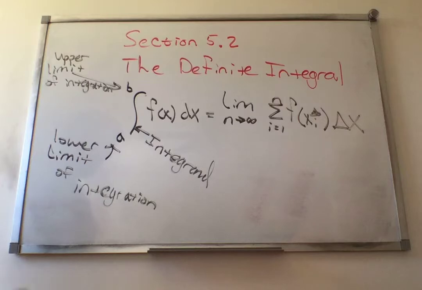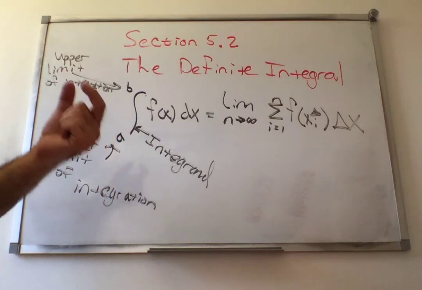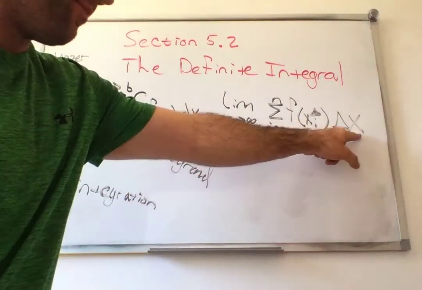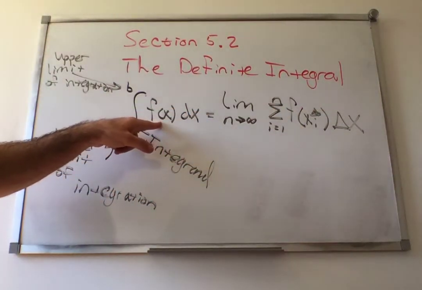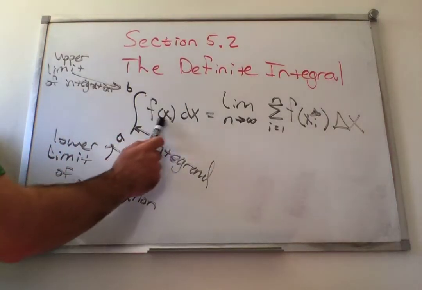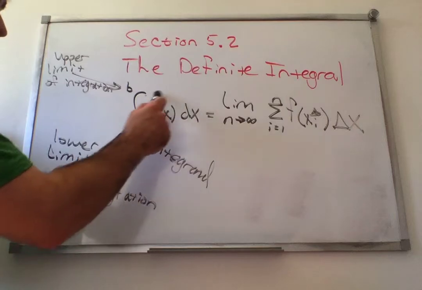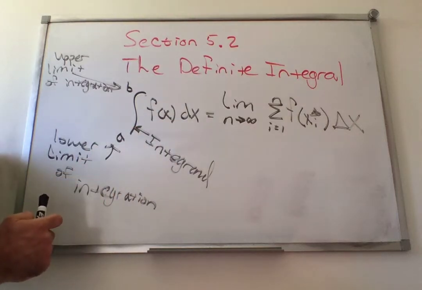Remember when we were making rectangles, we had a width, and the width of the rectangle was always the same. And this was the height. So all this right here is the heights of the rectangle multiplied by the widths. These are the areas of the rectangles.